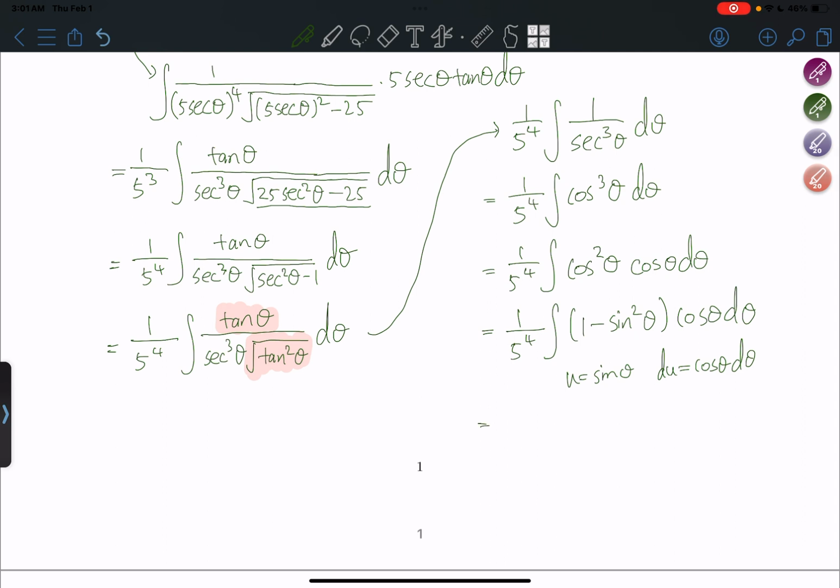So this whole integral once again transforms into 1 over 5 to the 4th power times the integral of 1 minus u squared du. And that is an easy integral. 5 to the 4th power is 625. Let's leave it like that.